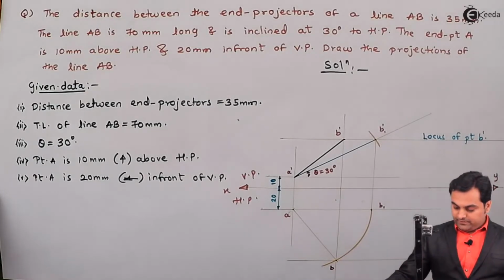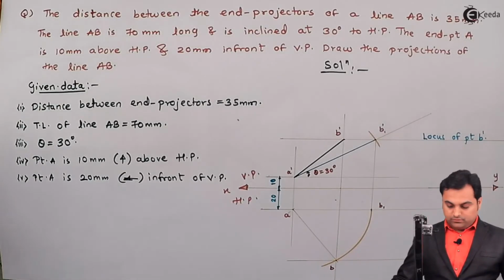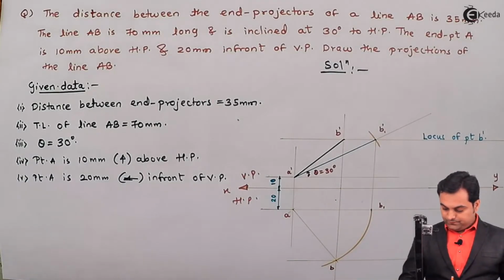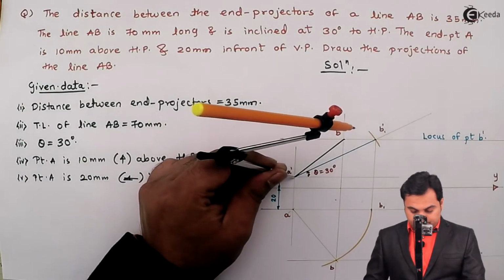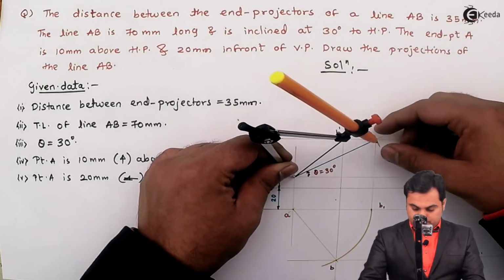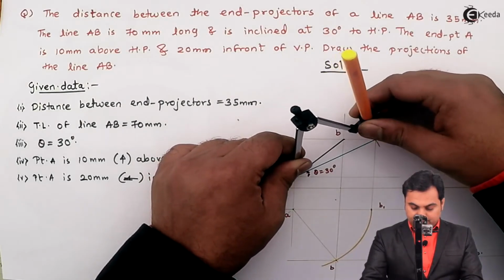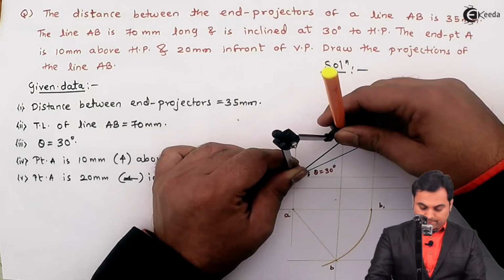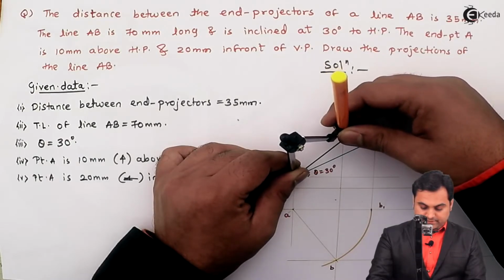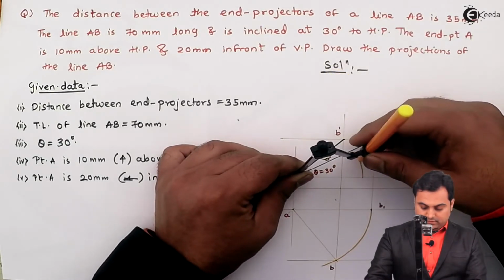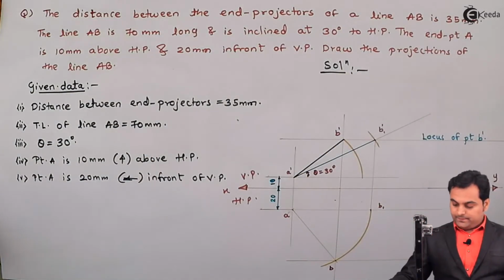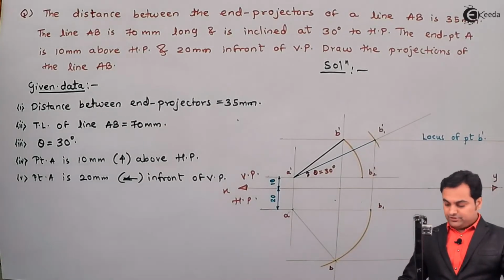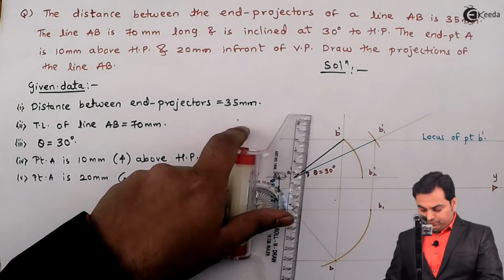This is the locus of point B. Then to get the true length, either I can measure the true length directly, or another method is to bring this B dash and make it parallel with XY, giving the notation as B2 dash, and then projecting it right into the top view.